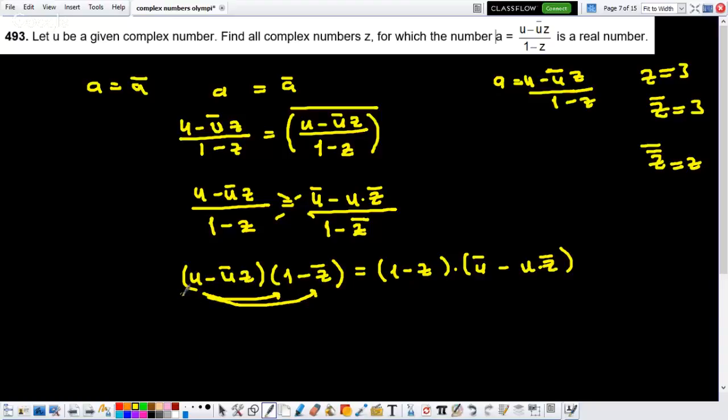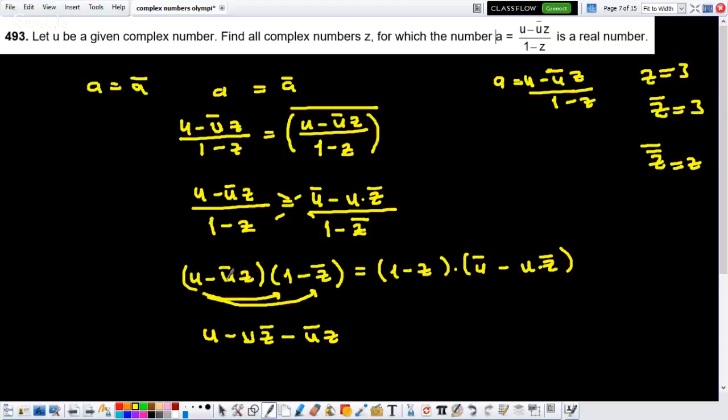u times 1 is u, u times minus z conjugate is minus u z conjugate. u conjugate times z minus 1: this is minus and minus, so it's going to be minus u conjugate z.